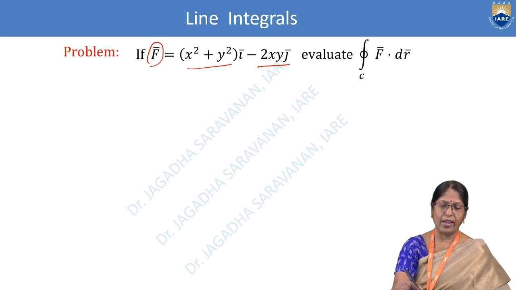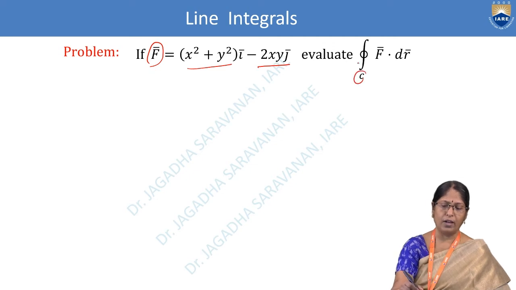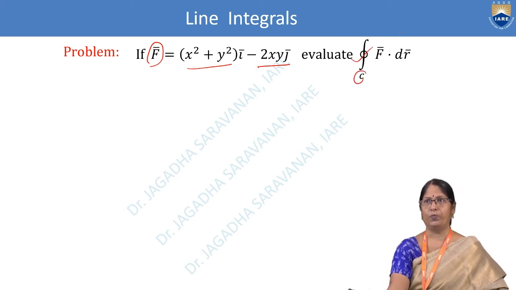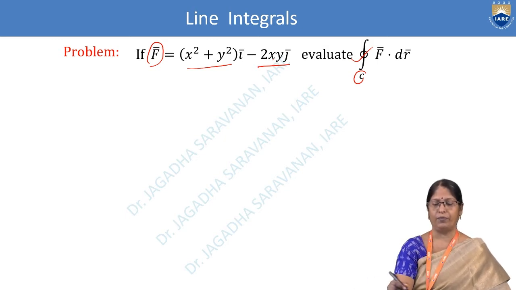Evaluate the integral over C, that is along the curve C. Ours is a closed curve. Closed curve in the sense that the particle comes back to the starting point itself.